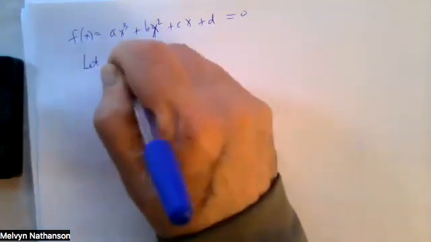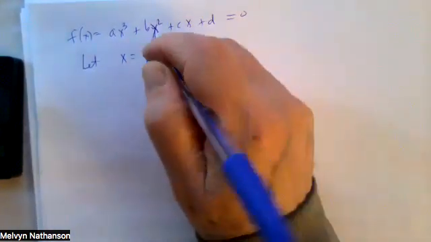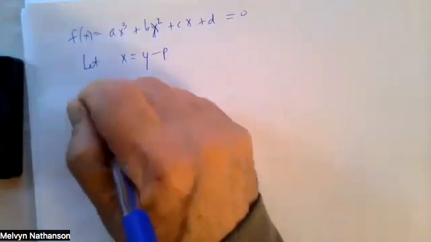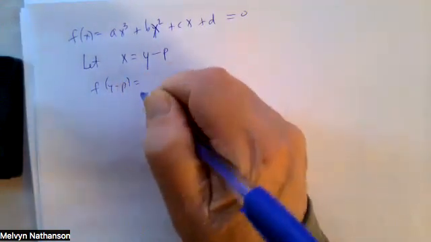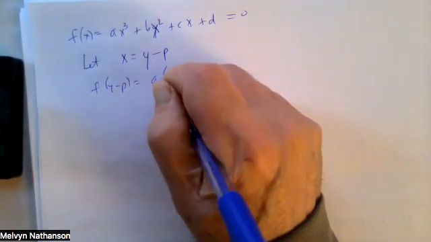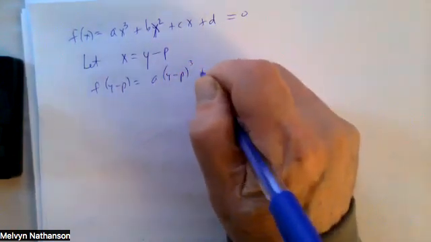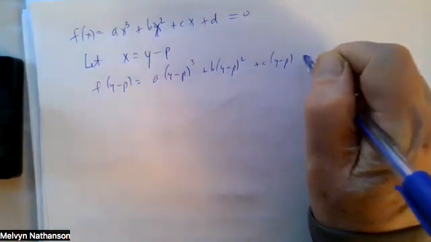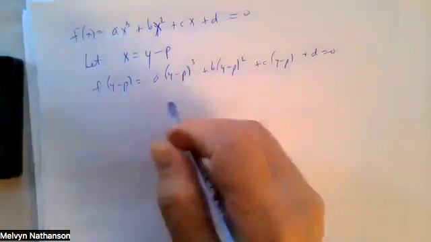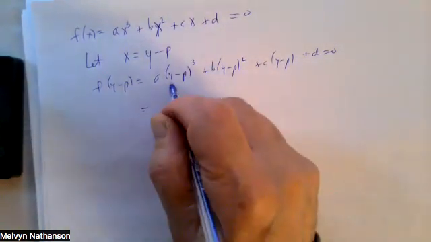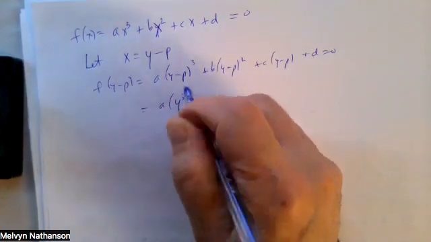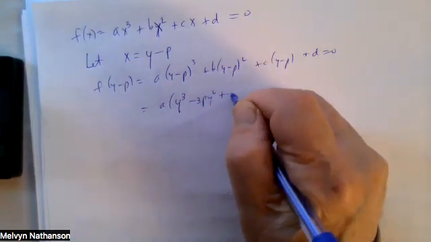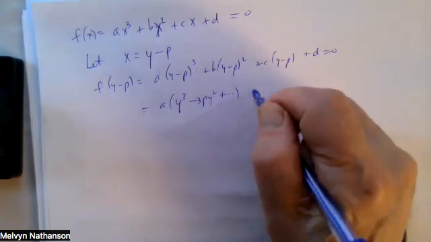So if I let x equal y minus, say, some quantity p, when I plug that in, f of y minus p is going to be a times y minus p cubed plus b times y minus p squared plus c times y minus p plus d equals 0. And when I expand this, I get a y cubed minus 3py squared plus some other terms. I only care about the quadratic terms.